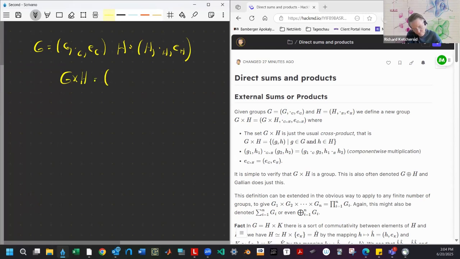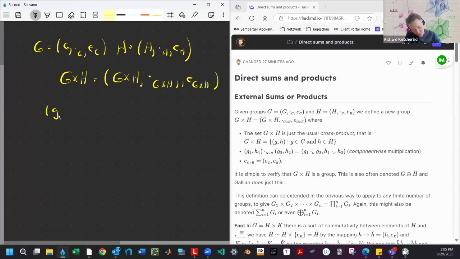As a set, it's going to be the cross product of that set. And then it's going to have an operation, which is the operation of G cross H, and then it will have an identity of G cross H. And what are these things going to be? So dot G, let's do it like this.